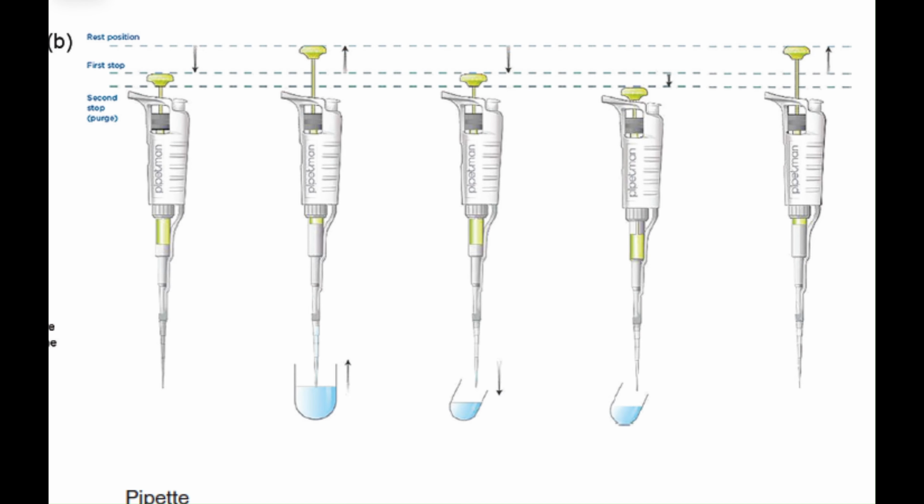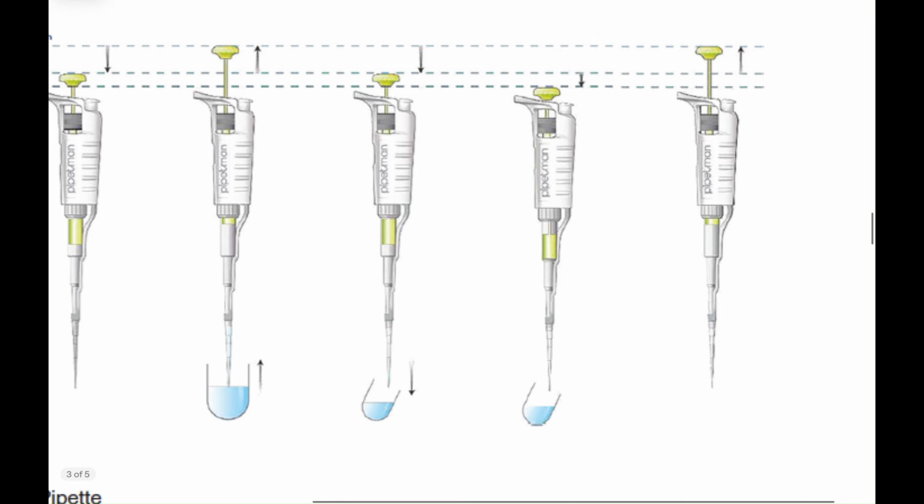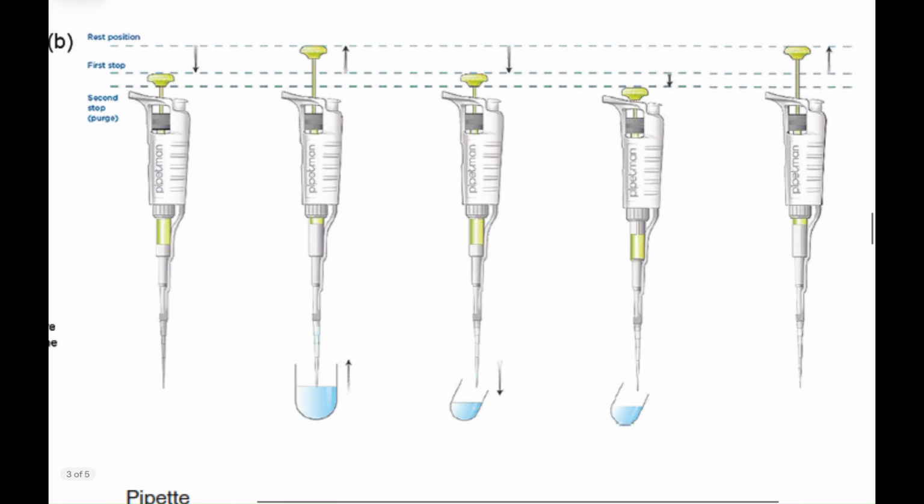And then when you go to put your liquid into the receiving container, you're going to depress the plunger all the way down to the second stop. So down here. That's where you purge.